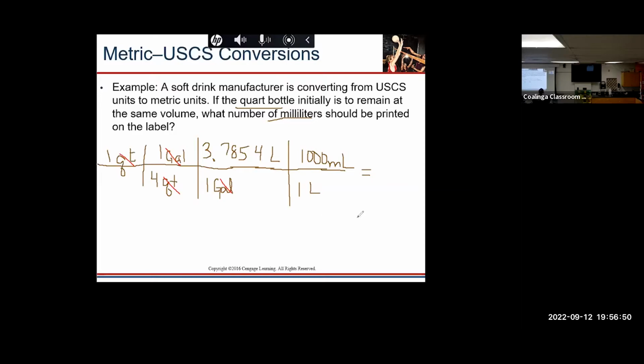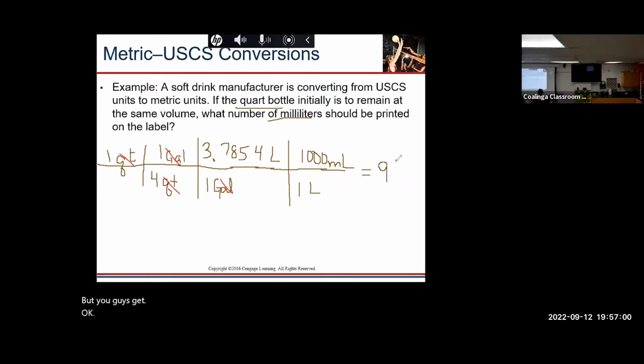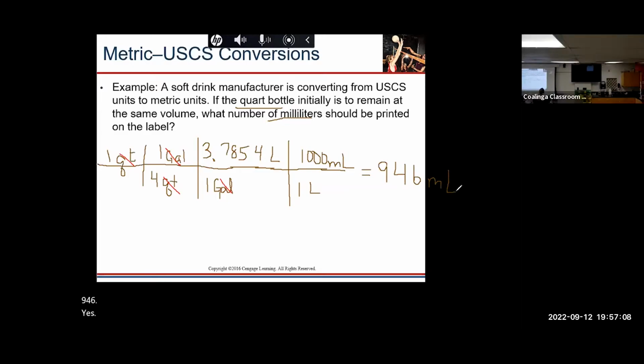What do you guys get? 946. Okay. So 946 milliliters.